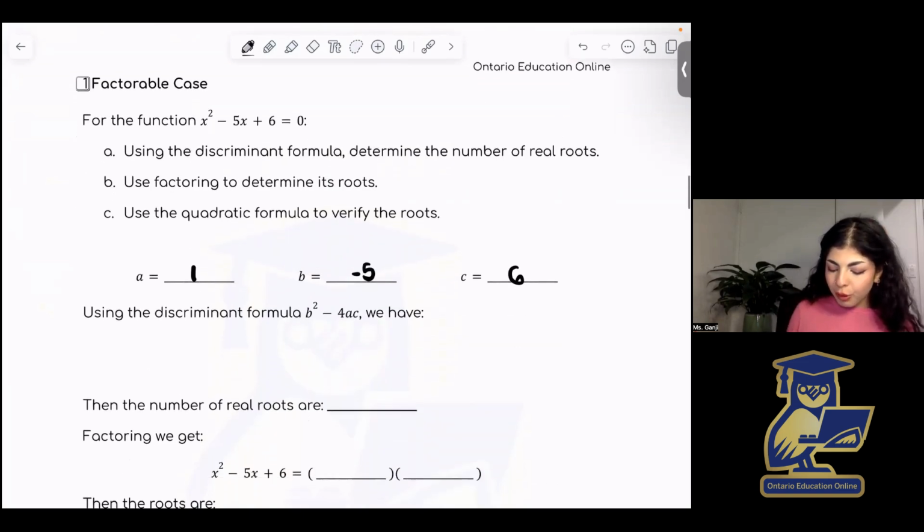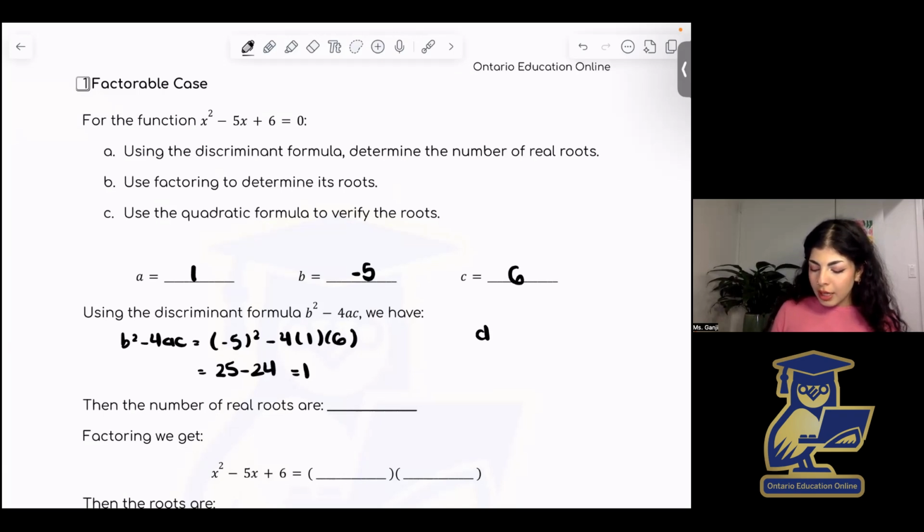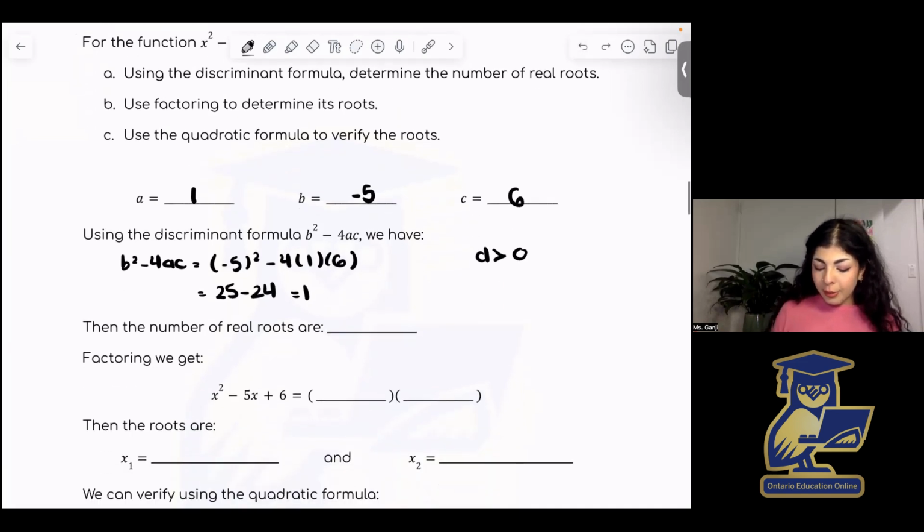The discriminant formula, b squared minus 4ac, gives negative 5 squared minus 4 times 1 times 6. So this will give me 25 minus 24, which is just 1. So D is greater than 0, therefore the number of real roots is 2.